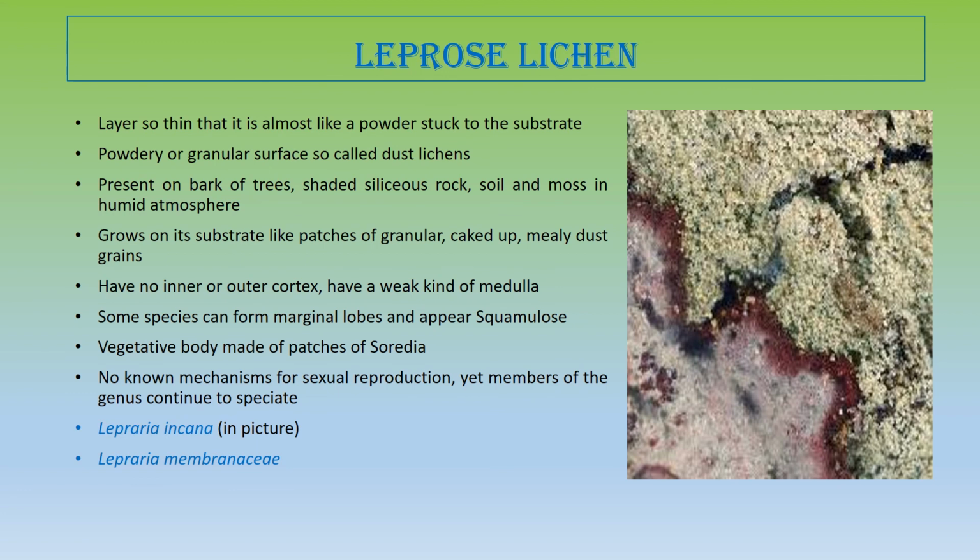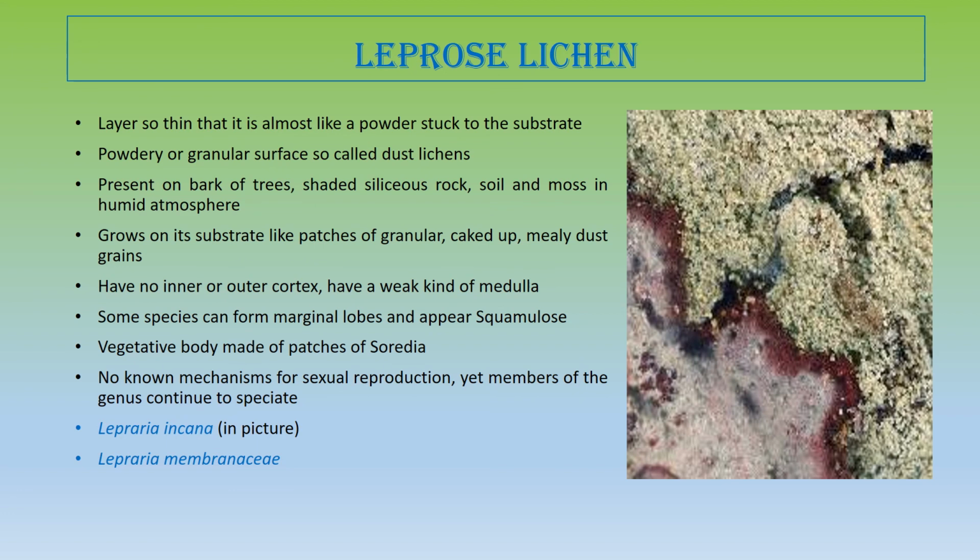It grows on the substratum, and when it is dry, it gives the appearance of caked up mud. They are present on rocky or soil substrate, and can also grow on the bark of trees. This leprose lichen prefers a humid atmosphere.